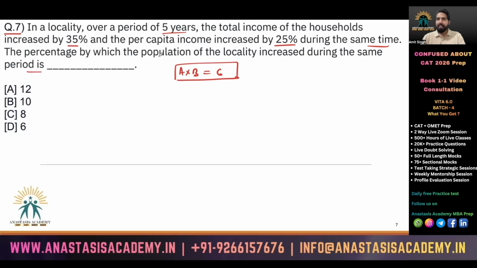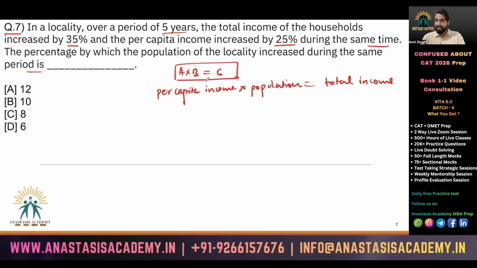So I can write it as, when per capita income is multiplied by population, I would get the total income. Right? So can you see it is an A cross B is equal to C type of relation?